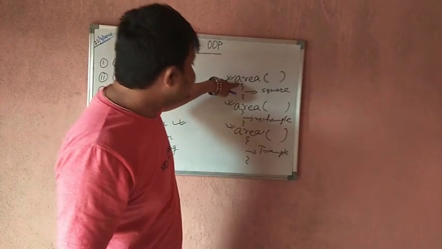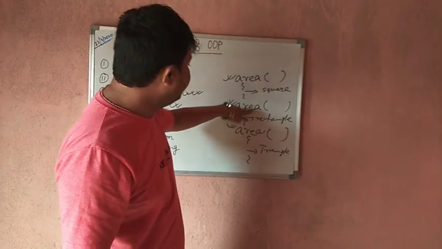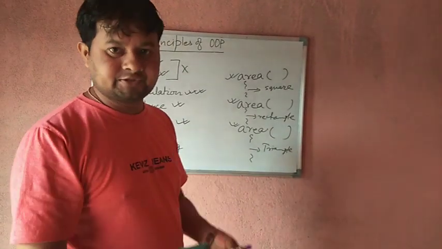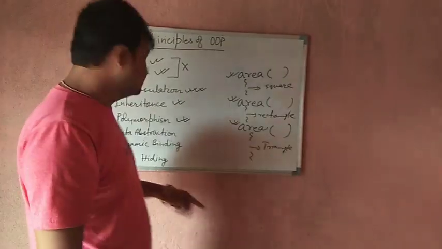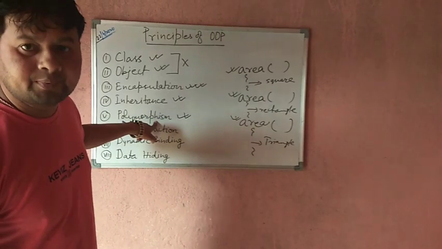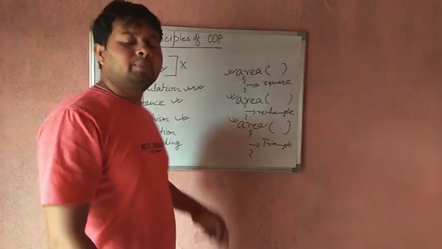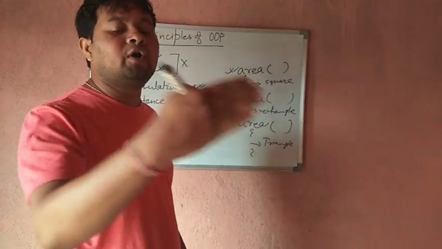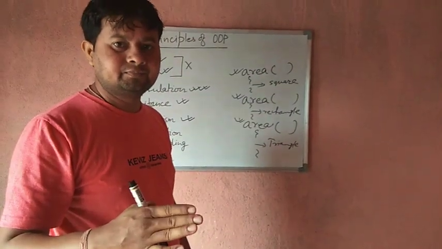It means the same name can be used for different purposes. This is called polymorphism. Polymorphism is the process in which one function can be used for different purposes.